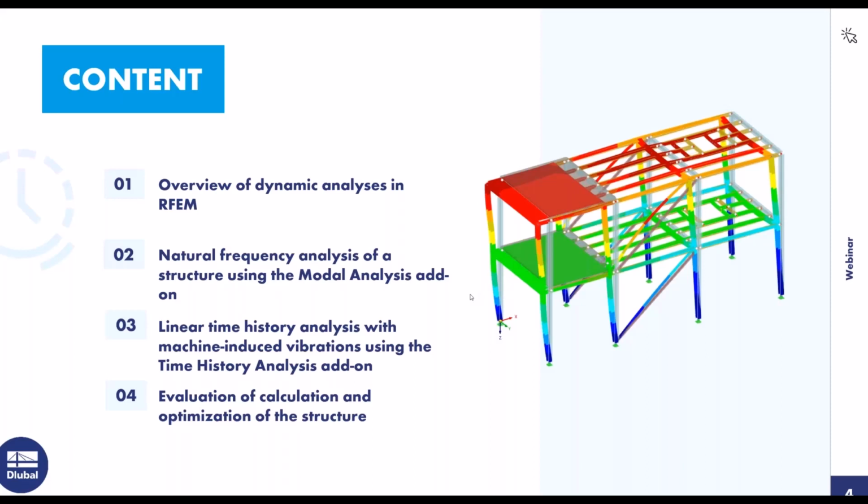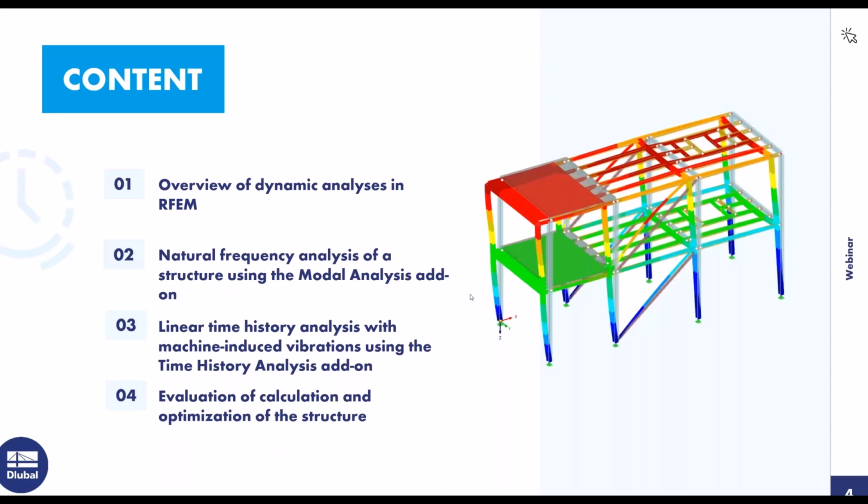Then, in the next step, we want to do a natural frequency analysis of a structure using the modal analysis add-on, which is part of the dynamic add-ons in the program. We want to do it for a building like this which you see on the screen, made out of concrete and steel.